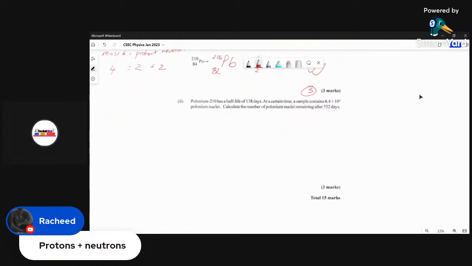Final question. It says polonium-210 has a half-life of 138 days. At a certain time, a sample contains 6.4 times 10 to the 6 polonium nuclei. Calculate the number of polonium nuclei remaining after 552 days. First thing we're going to do, we can approach this in many ways.